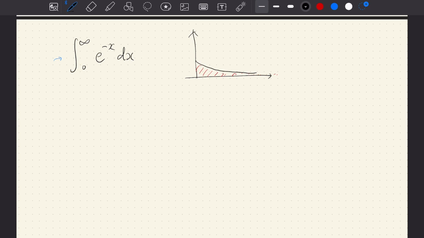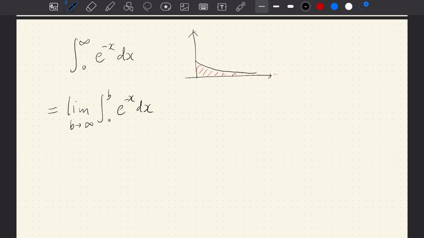So we expanded our definition of definite integrals into improper integrals by letting this be equal to the limit as b goes to infinity of the integral from 0 to b of e to the negative x dx. This is the formal definition of this type of improper integral, which has infinity or negative infinity in the upper or lower integration limit.